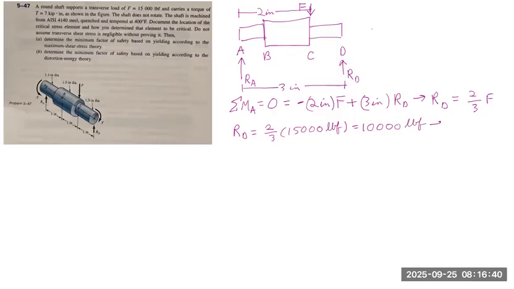And we can convert this to kips. One kip is equal to 1,000 pound force, so 10,000 pound force will be equal to 10 kips.